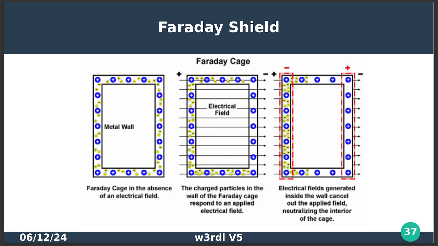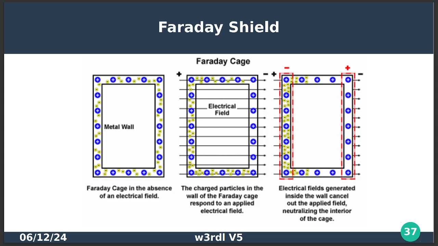In the second drawing, you see charged particles in the wall of the Faraday cage respond to an applied electrical field. And in the third one, electrical fields generated inside the wall cancel out the applied field, neutralizing the interior of the cage.